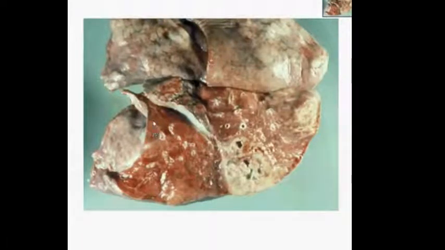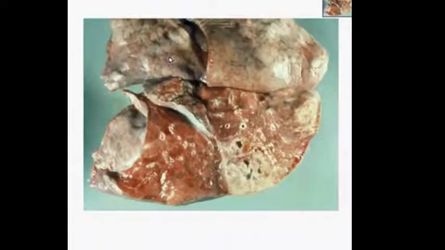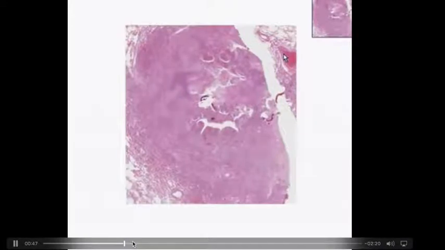Here is another lung. Notice, here's the pleural surface, here's a cut surface, here's some more pleural surface, here is some fine subpleural stippling by anthracotic pigment, which is very common, almost to the point where I could say it's normal. And here's another cut surface. Notice in this portion of the cut surface is a consolidated yellowish area. If you were to take a microscopic view through this area, you would see that it is a large granuloma.